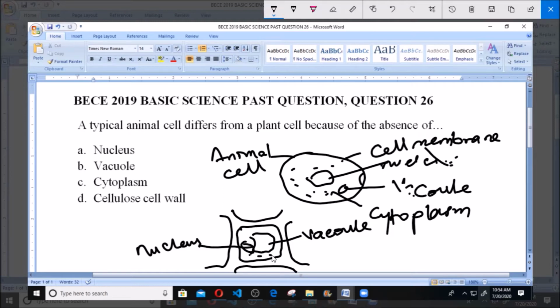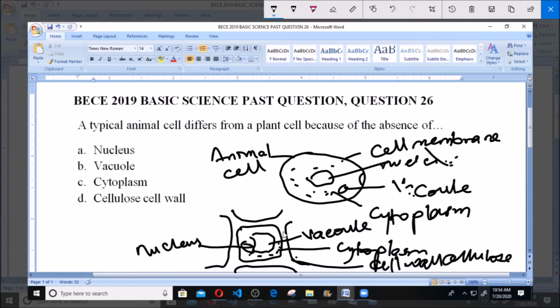Then in here is your cytoplasm. And here is your cell wall. That's cellulose, the cellulose cell wall. And then here is your cell membrane.